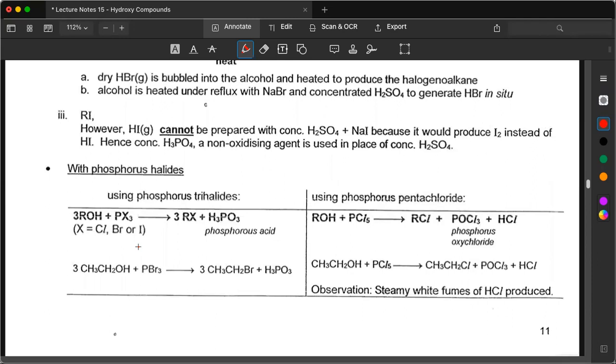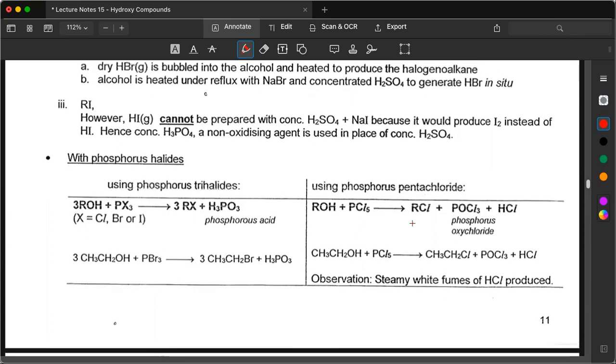With phosphorus halide, we can actually form the halogenoalkanes as well. So ROH reacting with PX3, X can be any of the halides, to form RX and H3PO3. So this is an example. Or we can use phosphorus pentachloride, which produces RCl, POCl3, and HCl.